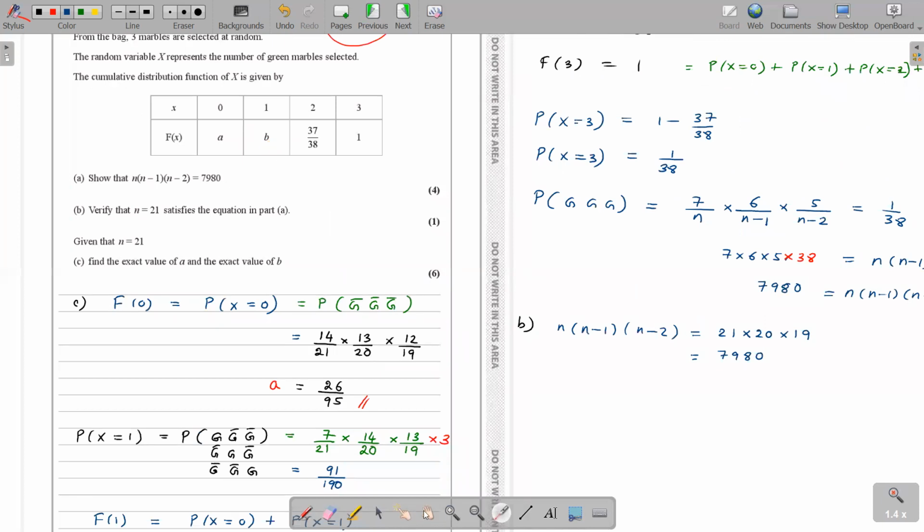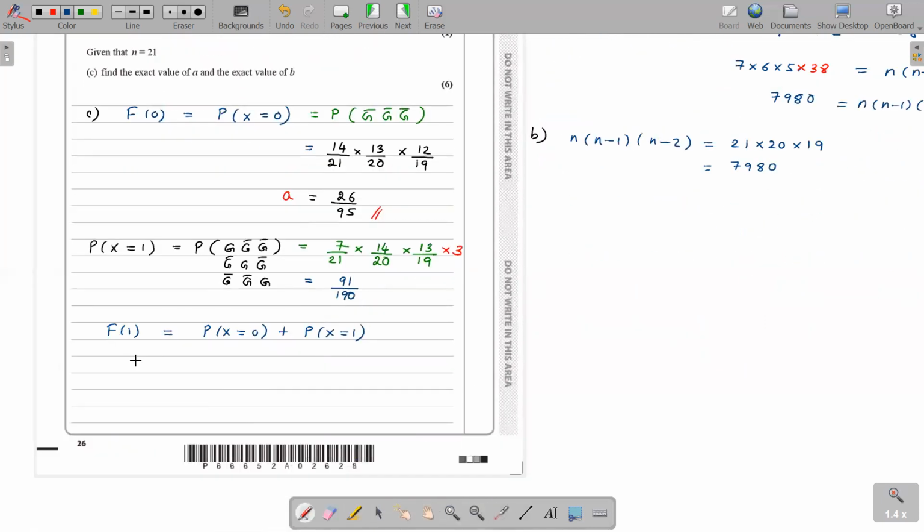So B value is the individual probability of 0 and 1. Individual probability x equals 0 we found. It is 26 over 95. Individual probability x equal 1 is 91 over 190. How much is B? Add everything. 143 over 190.